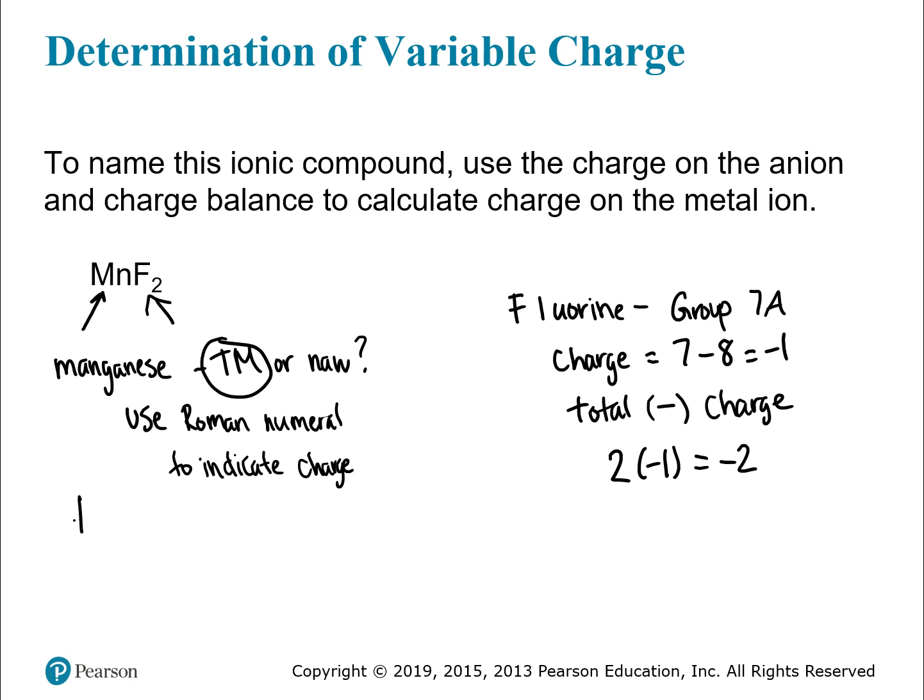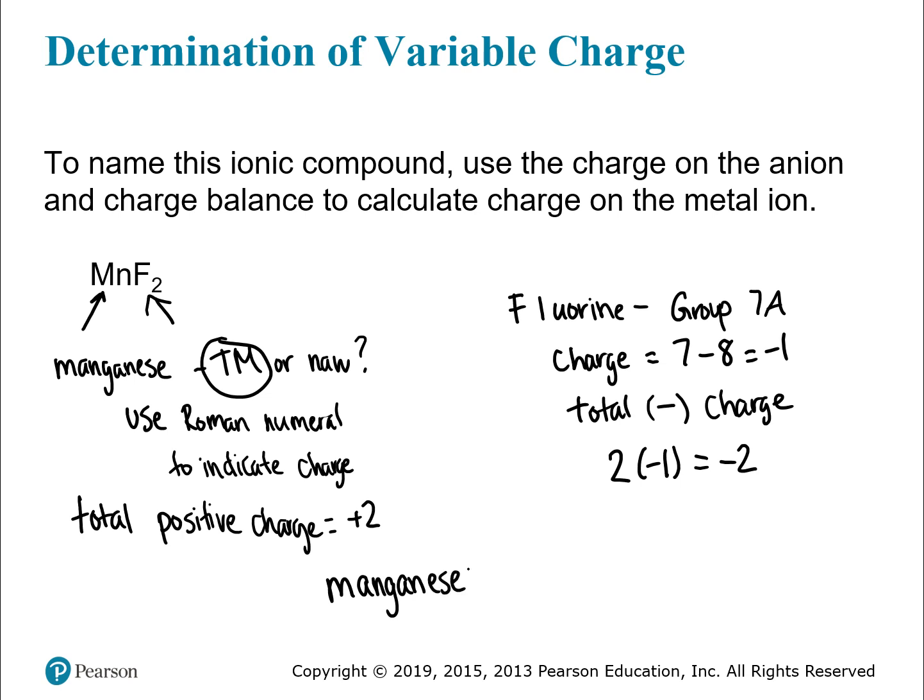That must mean that our total positive charge is equal to +2. We've only got one manganese ion here, so it has to have a charge of +2. Now we can write our name.